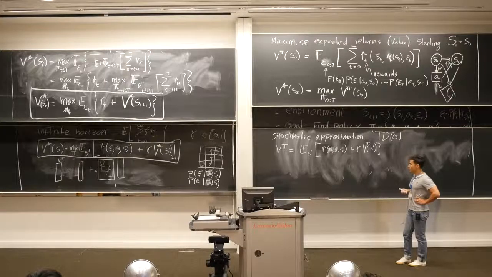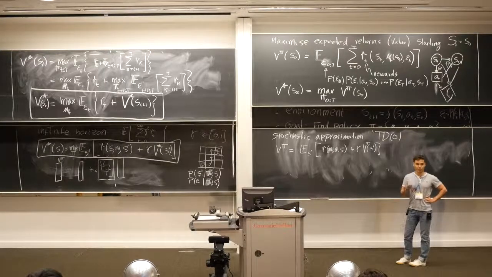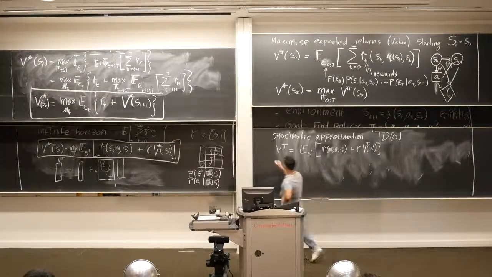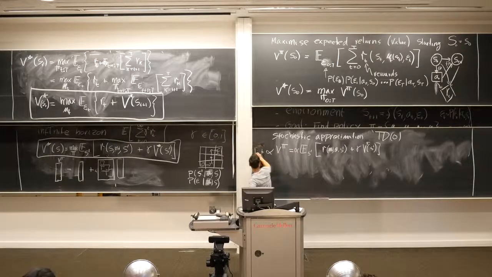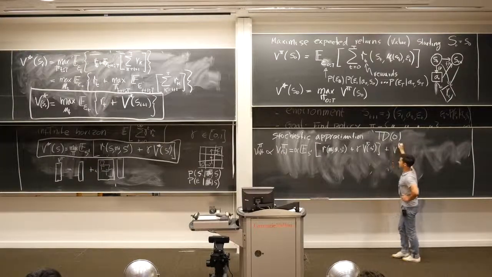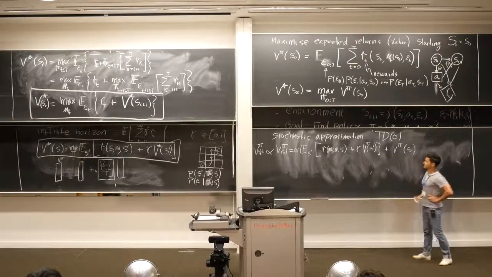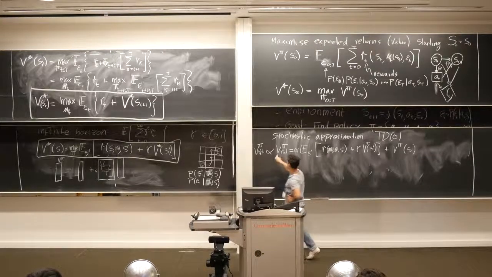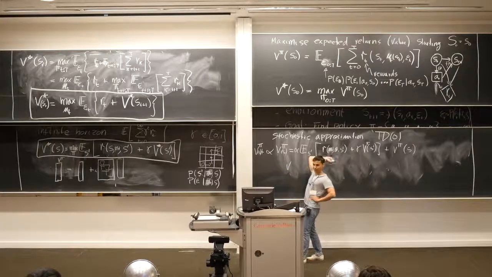Now, what I'm going to show you next is my personal recipe for how I derive algorithms in this setting. The way I go about this is I multiply both sides by alpha, and then I add V pi to both sides. Now I'm going to move this to the right.